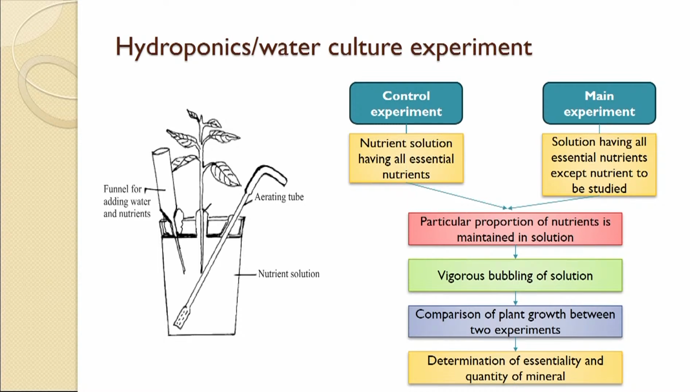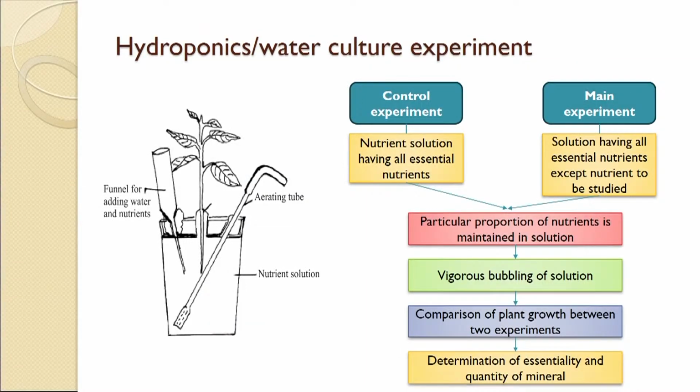After that, we add a particular proportion of nutrients in the solution, and at time intervals the ratio of the nutrients is maintained. Next, through the aerating tube we do vigorous bubbling of the solution to add oxygen to the hydroponic solution, and at the end of the experiment we compare the plant growth between these two experiments, the control experiment and the main experiment.